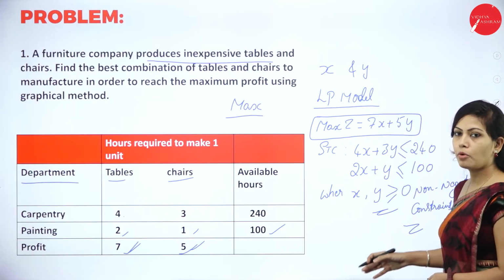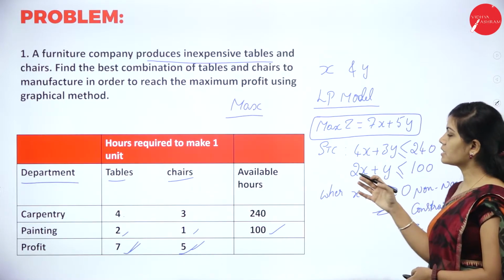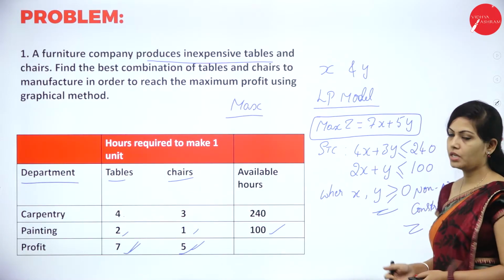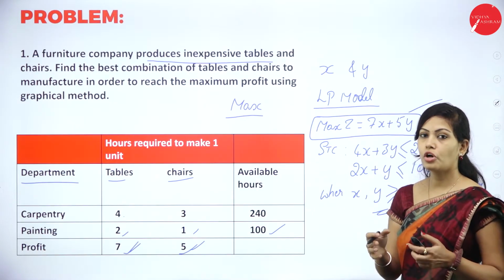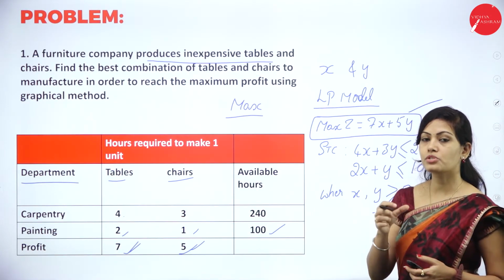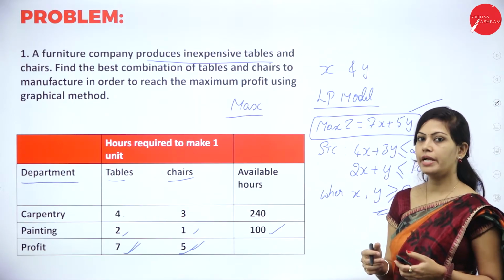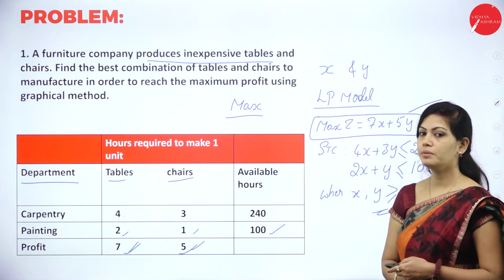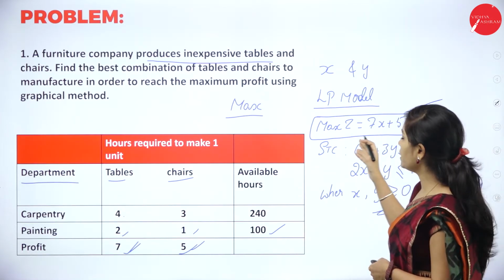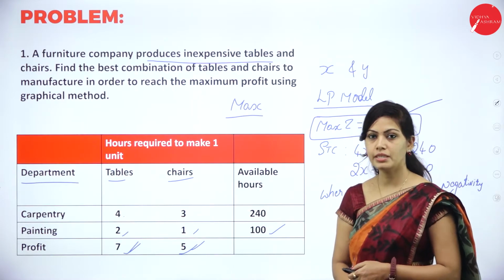Using this LP model, we can construct a graphical method. I have already explained the steps to construct a graphical method, so using this LPP we can easily construct it.